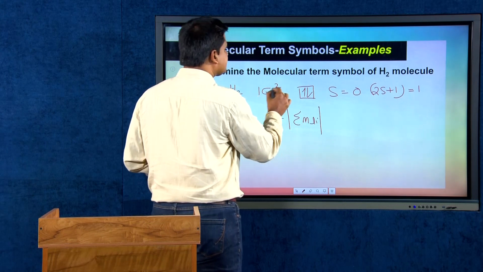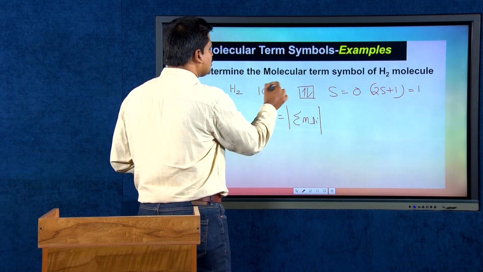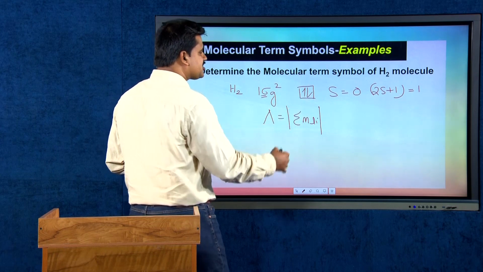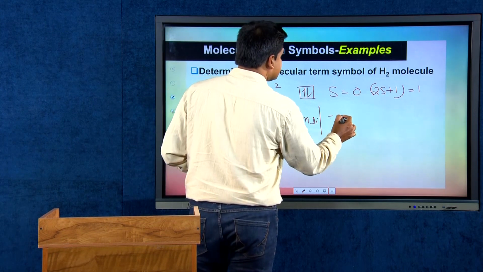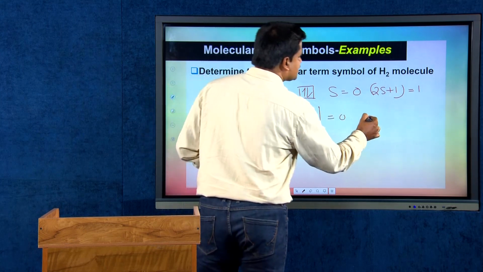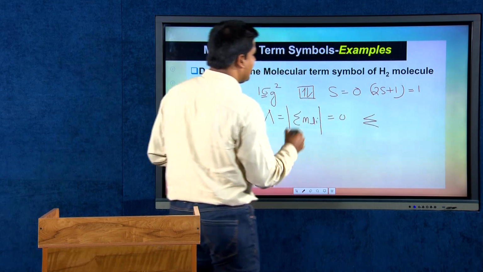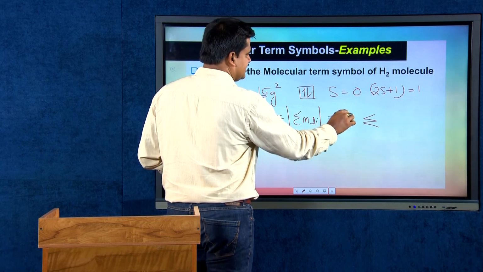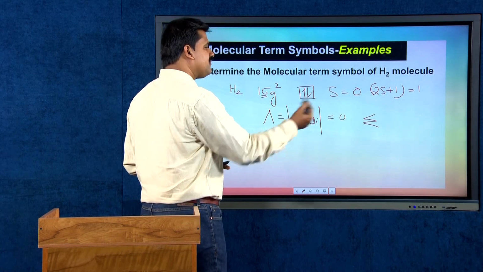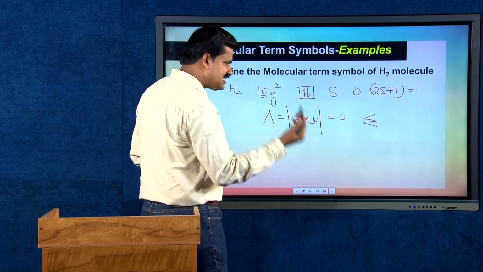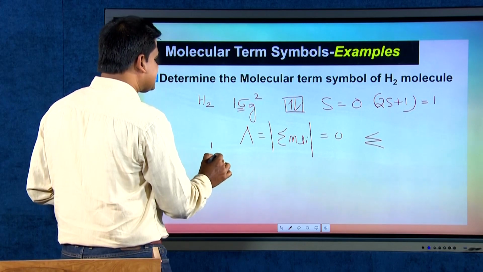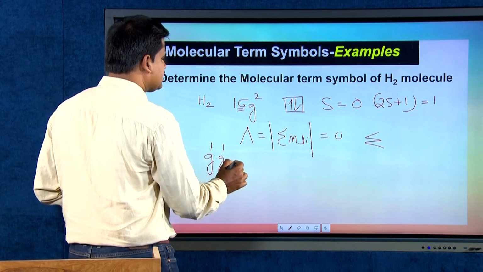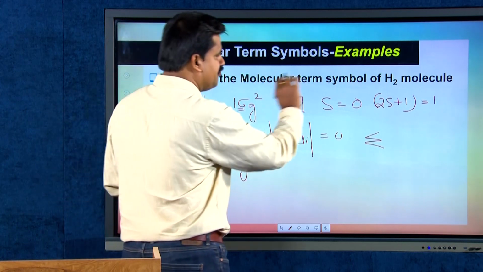Here you can see the presence of 2 electrons, and both are sigma electrons. I already mentioned that for a sigma electron the value of MLI is equal to 0. So, lambda is equal to 0. Lambda equal to 0 means the term is sigma, and since this is not a triplet arrangement in half-filled pi orbitals, we assign a positive sign, and this arrangement is g2. g2 is g1 into g1, so the parity is gerade.